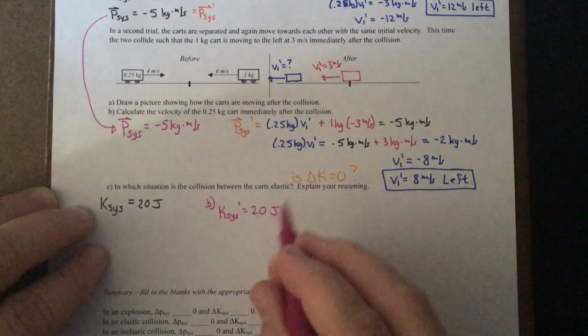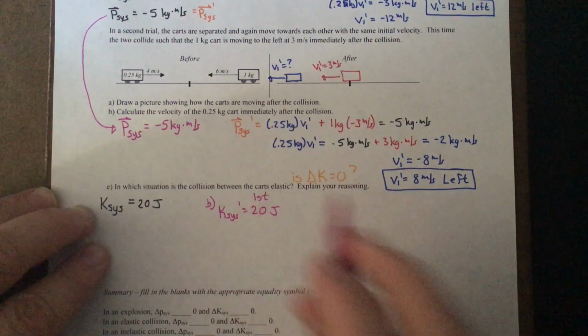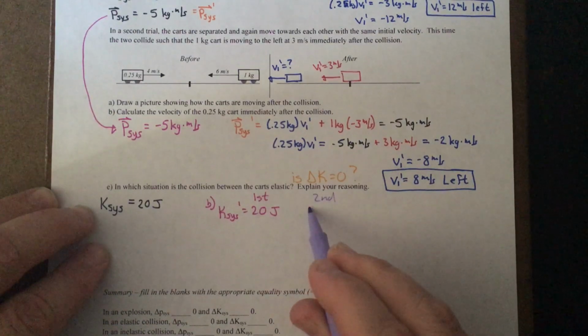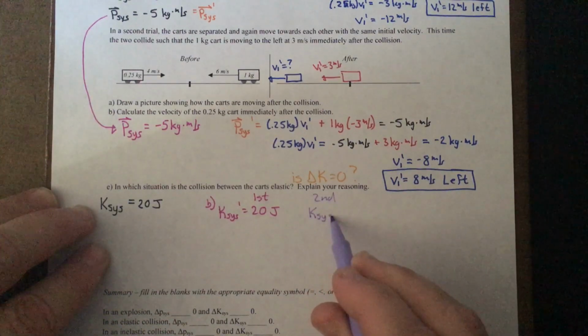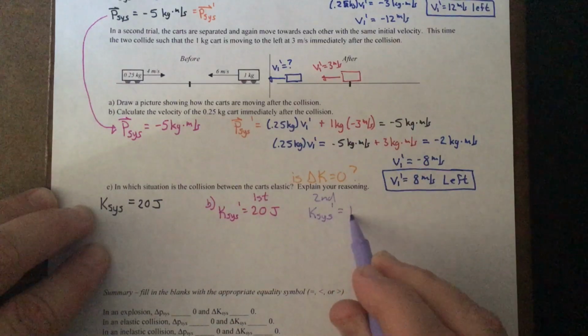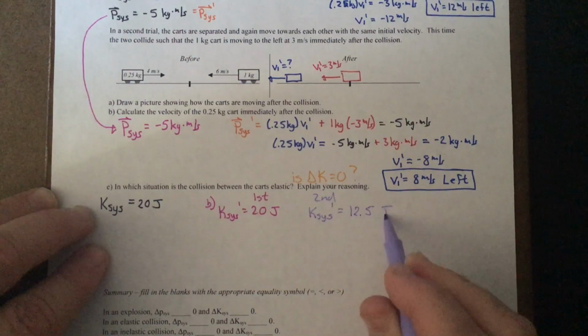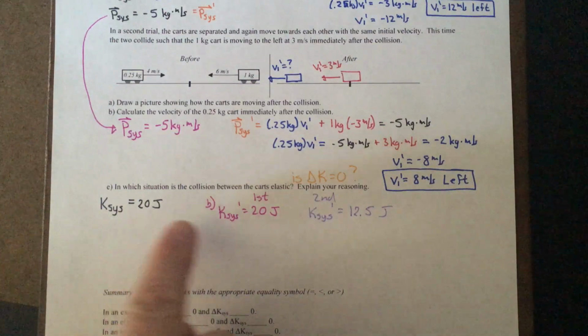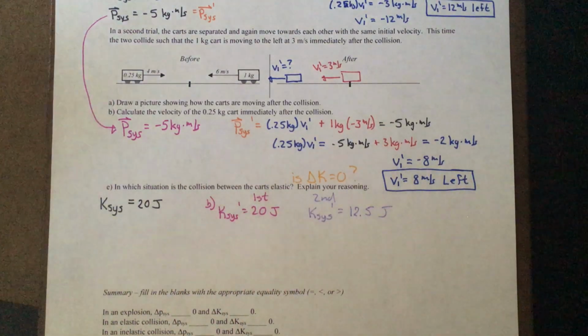And in the scenario in the second trial, so that was the first trial. In the second, the kinetic energy of the system is like 12.5 joules. So it's kind of easy to go 20 equals 20, not 12.5.